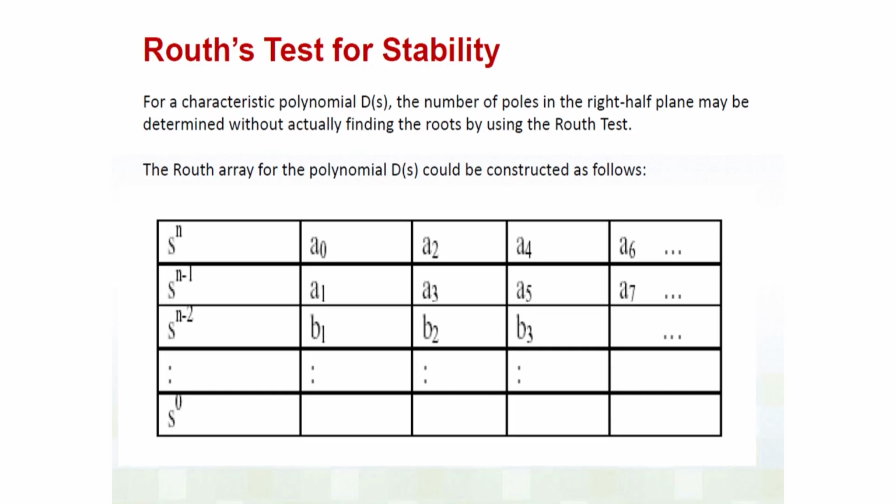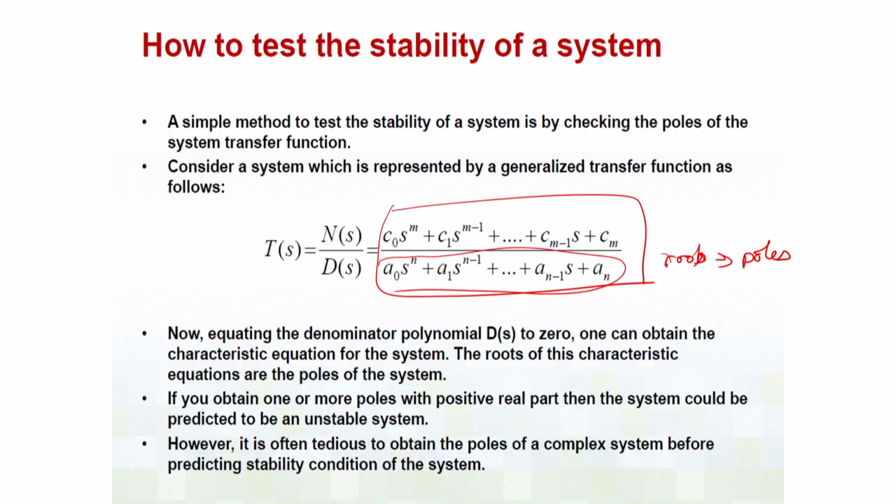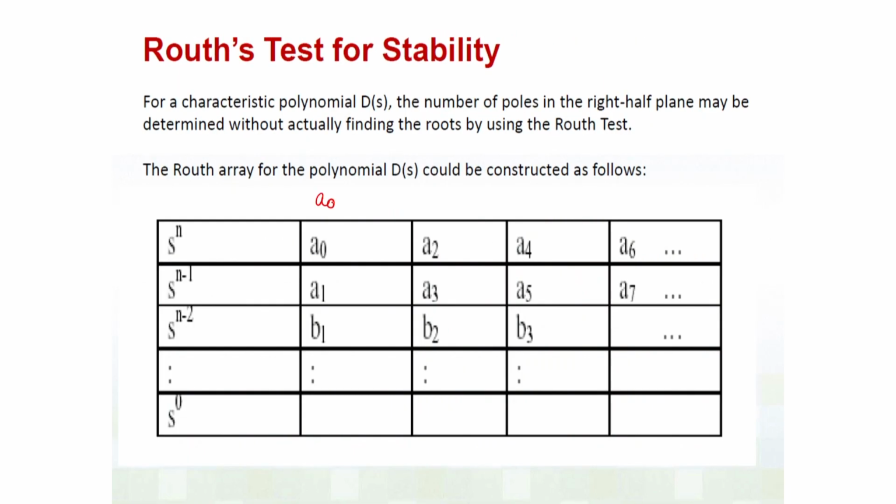So, if your system is something like this, it can be written in terms of a polynomial that we have described here. That means, if you write it down, the denominator polynomial will be a0 s to the power n plus a1 s to the power n minus 1, and so on, up to an. Then in the s to the power n row, we can construct this as a0 and then a2, every alternate term: a0, a2, a4, a6, and so on.